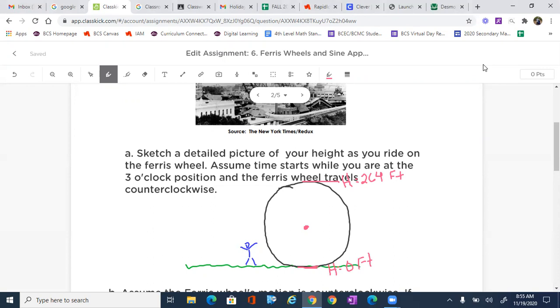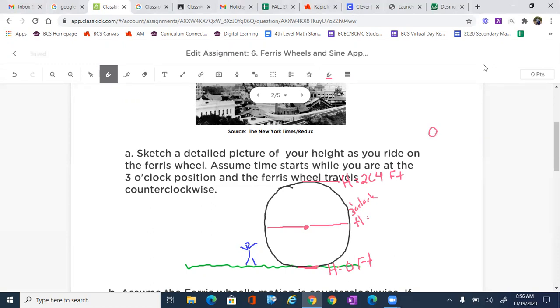There are some other places that we know too that are really obvious, but a lot of people don't think about it. It's right here in the middle. We know, right there, this is our 3 o'clock, that the height is half of 264.